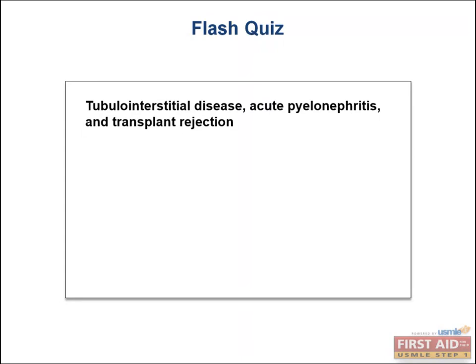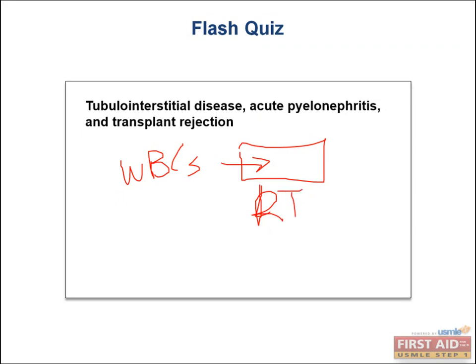Now, in all of these diseases, white blood cells have been able to reach the lumen of the renal tubules. And they've bunched up inside the tubules, and when they get pushed out by the urine, they'll come out as a white blood cell cast in the urine.